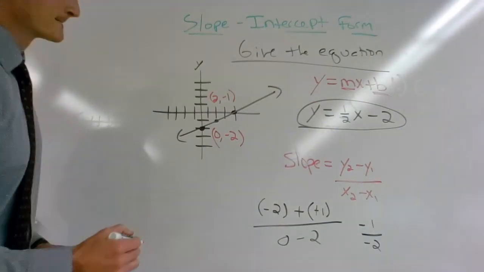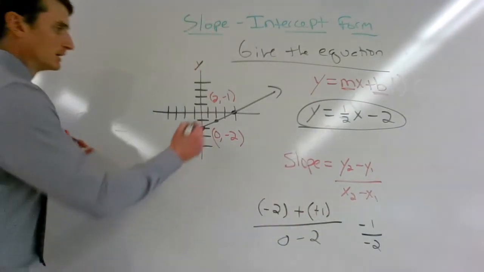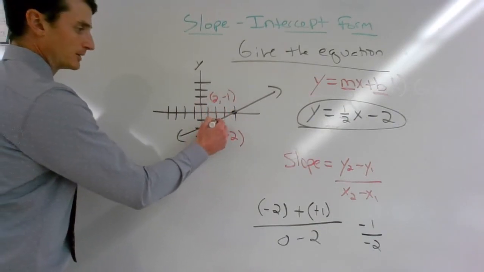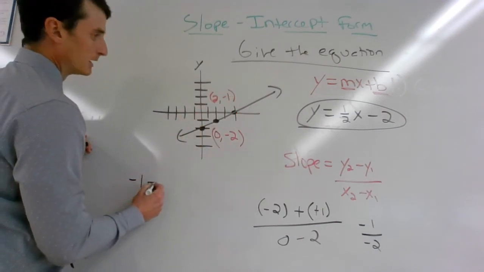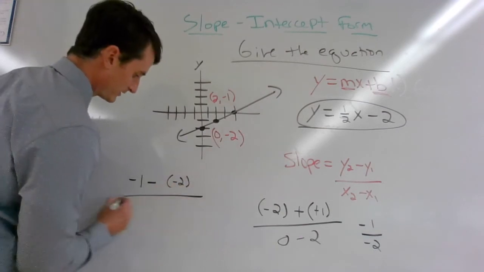Okay? And just to show you that I made a mistake but still got the right answer: because this point comes second, normally I would call this the second point. So y2, which is negative 1, minus y1, over x2 minus x1. This is me just doing the same exact problem.